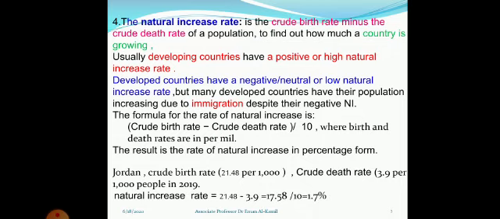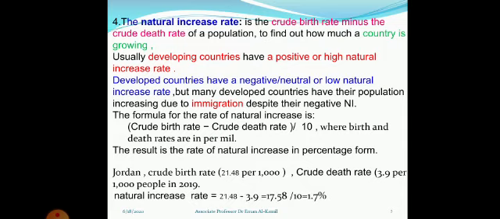This is because of the proper and highly used family planning methods in these families. And if we see an increase in the natural increase in a developed country, this may be due to immigration.